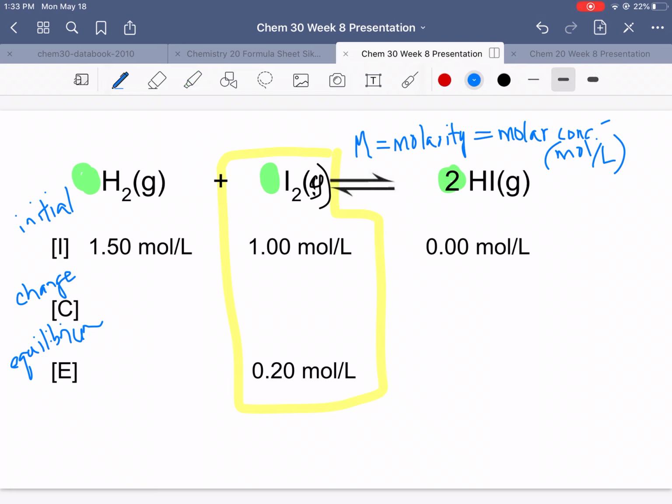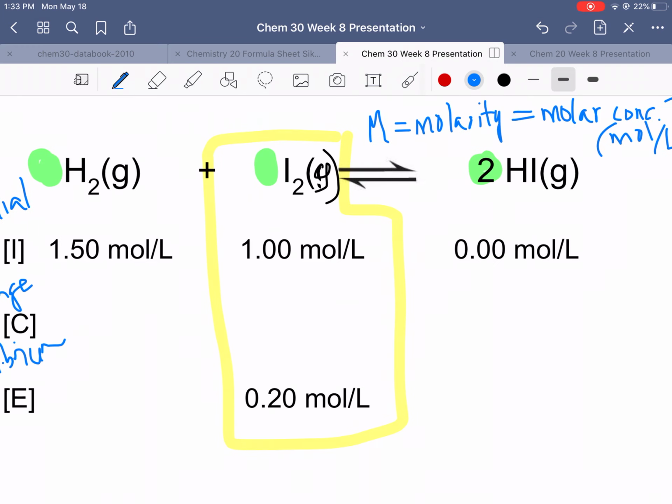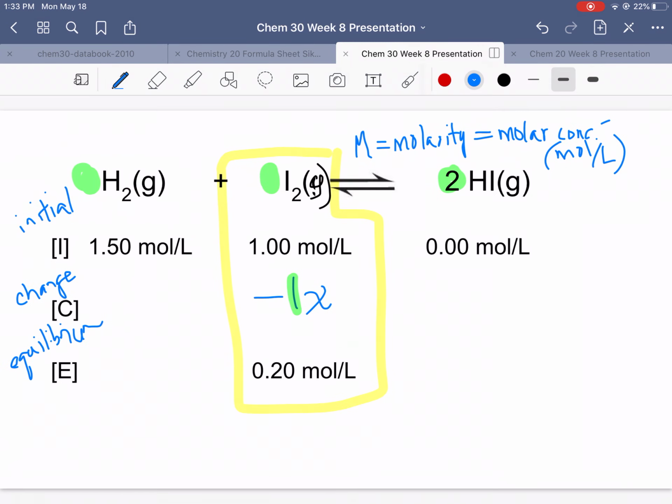And that means that this is going to go down by, how do we show something decreasing? A minus. And it's going to go down by 1x amount. Why a 1? Because the coefficient is 1, right? They match each other. I have an algebraic expression there. I'll show you what I mean. Take a look at that.